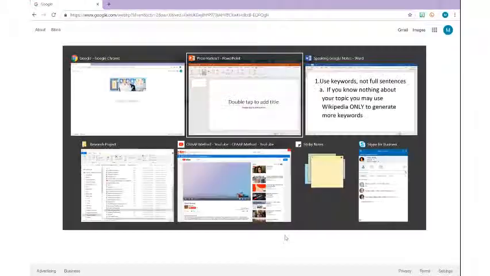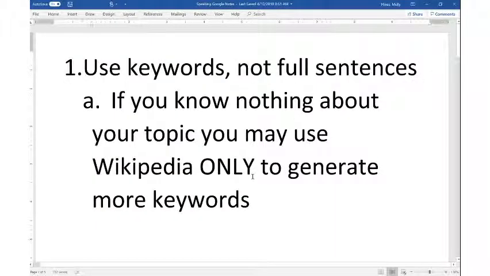But what I want to show is here you can see that I have some tips written down. So the first thing is to use keywords, and we've been doing that since we started researching. We don't want to use full sentences. And this is going to be the only time that you hear a librarian say this, but you do have the ability to use Wikipedia if you want.